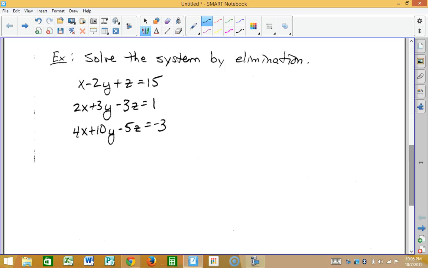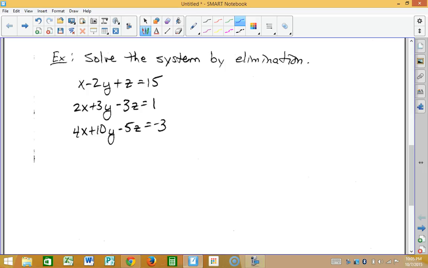Elimination is still a lot of work as well, but substitution, I think, is even worse. So let's go ahead and apply what we know. We have our elimination method that we used on a two-variable system. We can apply the same thought process with the three-variable system.